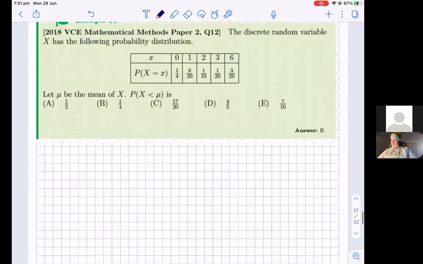This one, we need to find the mean before we can find the probability that we're less than the mean.